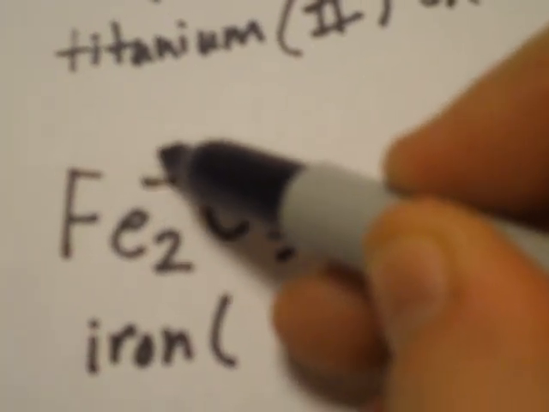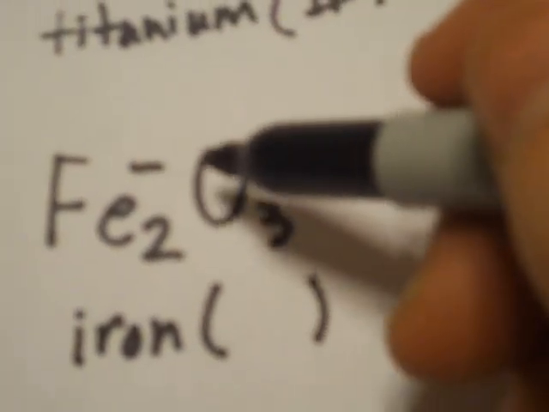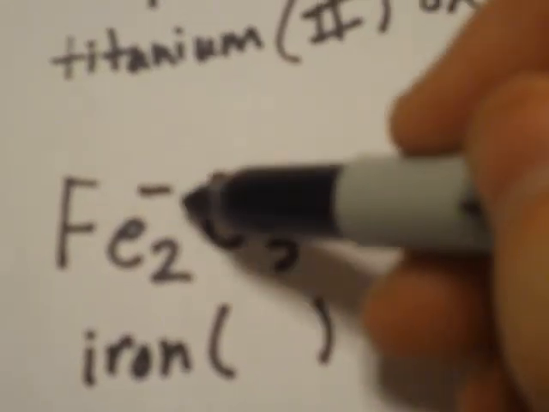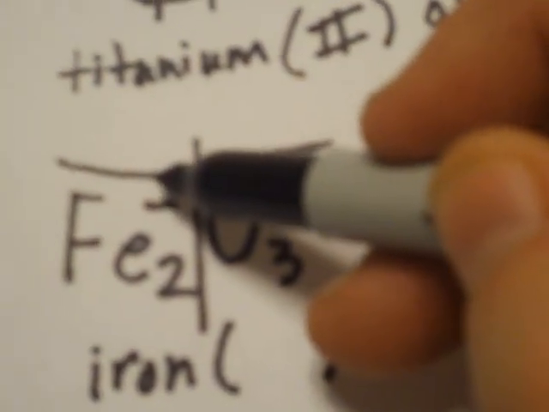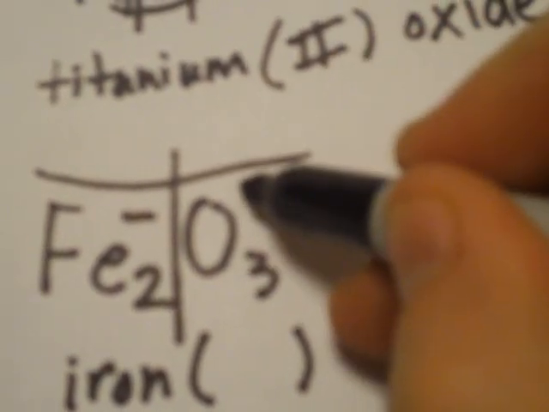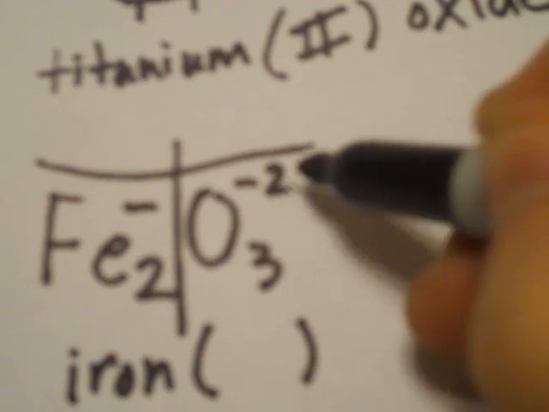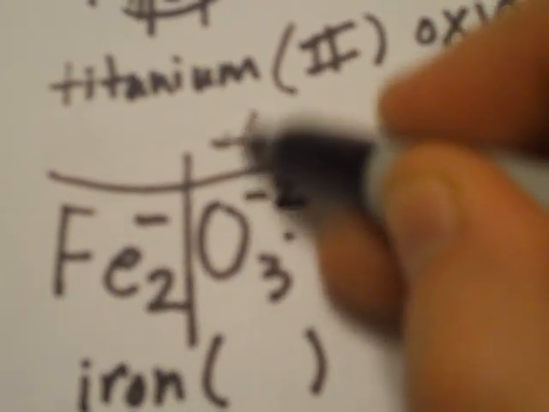You know, the charge will be found up here. And I don't know the charge of iron. Iron can have multiple charges because it's a transition metal. So what I want to do is draw my T chart, and work my way back around to fill in the blank right here and figure out what the charge on iron is. I know that there's 2 irons, 3 oxygens. I know every oxygen is -2. So that means that my grand total is 3 times -2, which is -6.